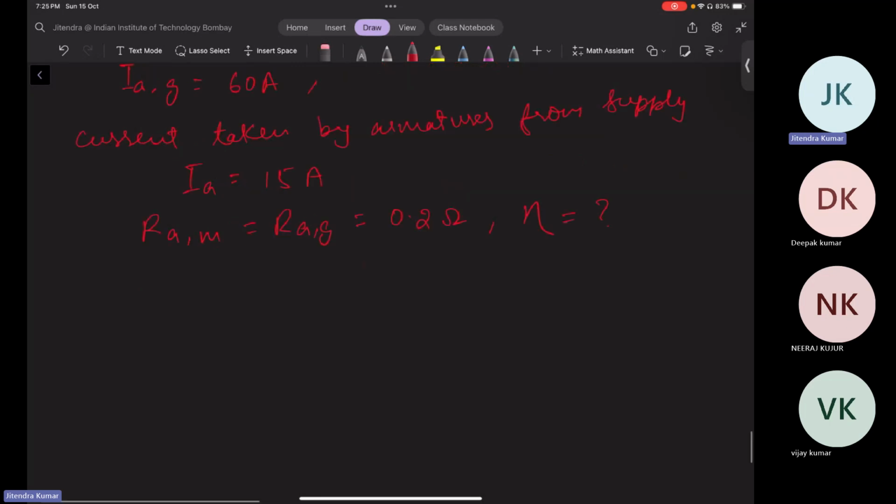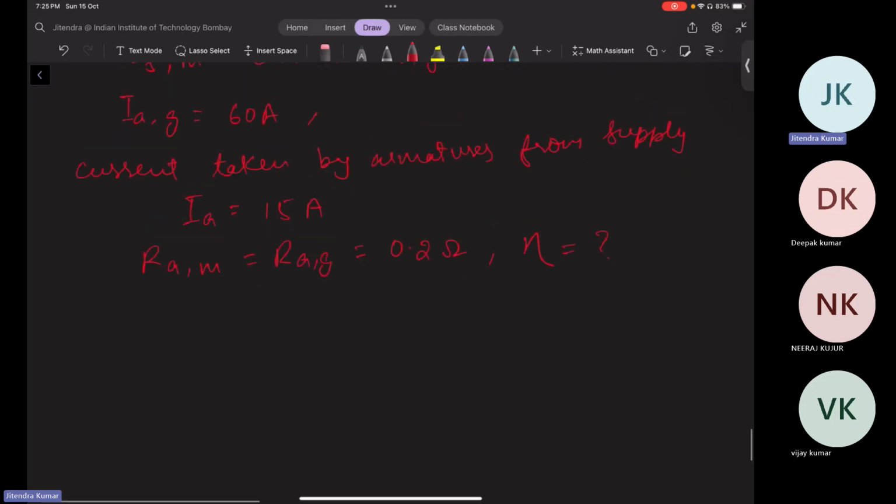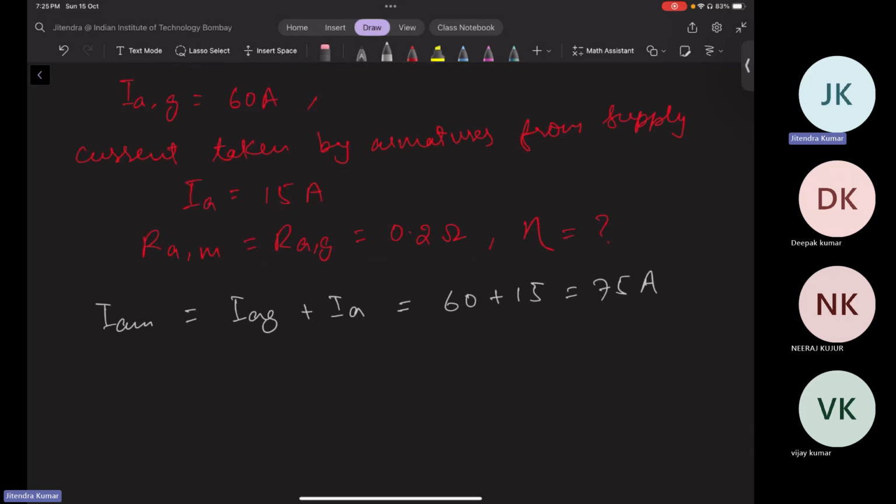Okay, so first thing is, how much will be IAM? As I told, IAM will be IAG plus IA. So IAG is 60 plus IA is 15, so it will be 75 amps. To find out the efficiency of motor, we can write 1 minus loss in motor divided by input of motor.